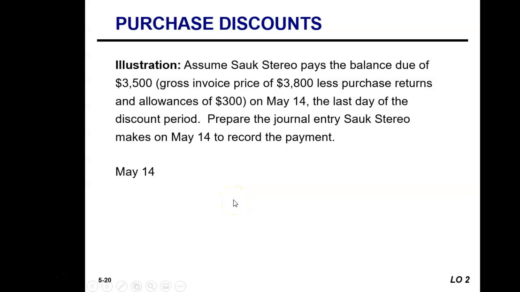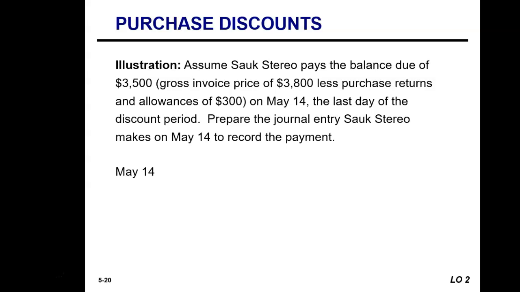So again, in our problem, remember that initially the amount owed was $3,800, but then we had a return for $300. So the amount owed was $3,500. The invoice date was May 4th. It is now May 14th. So we did pay within the 10-day discount period.